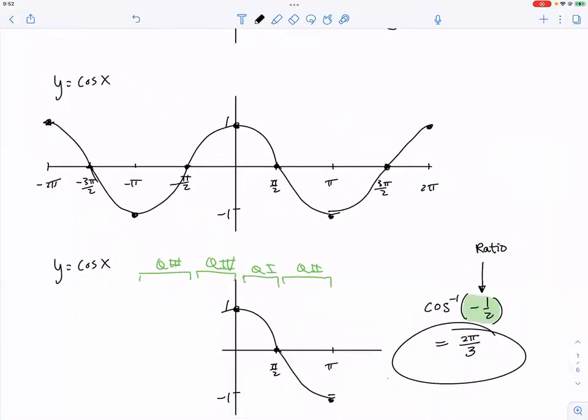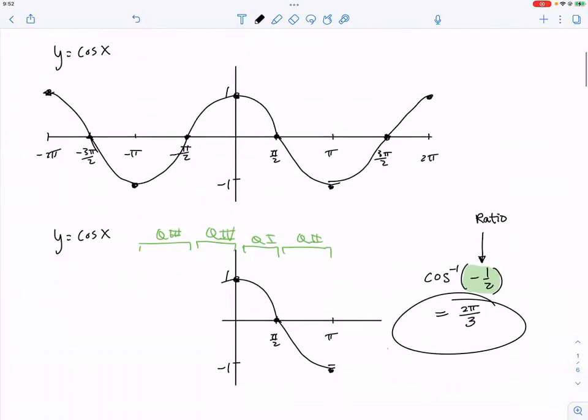Any question on how we decide these quadrant restrictions? If you refer back to the ASTC thing, cosine is positive in quadrant 1 and 4.